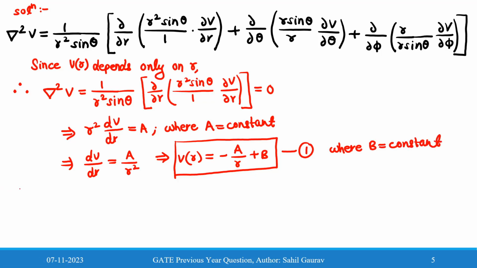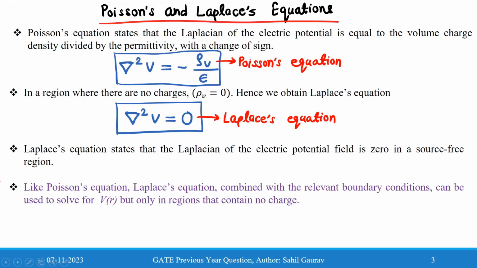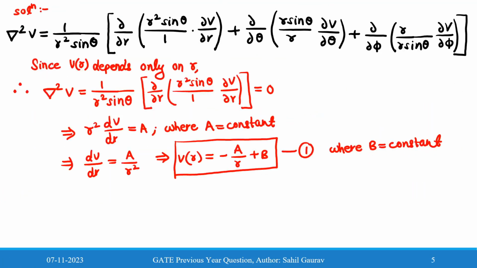Now using the boundary conditions, at r is equal to c, V is equal to V1.